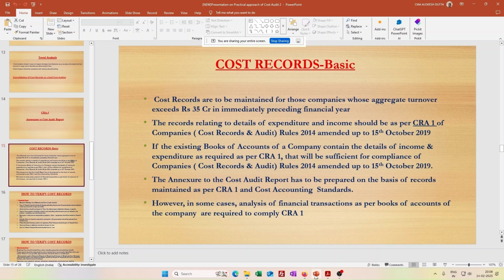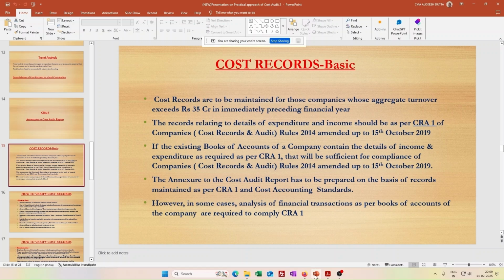However, in some cases, analysis of financial transactions as per the books of accounts of the company is required to comply with CRA 1. What does it mean? It means basically you have to prepare the cost records and fill the annexure to the cost audit report from the data being maintained by the company. No separate books or records are required. But for compliance with CRA 1, certain financial data must be analyzed.